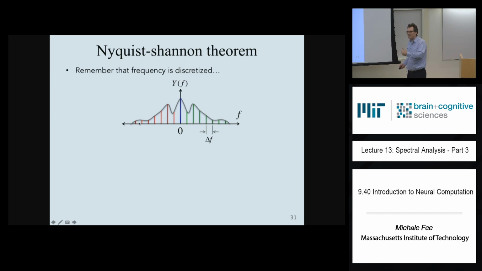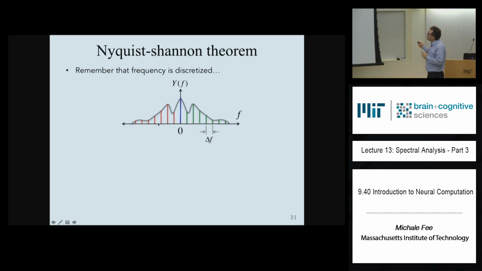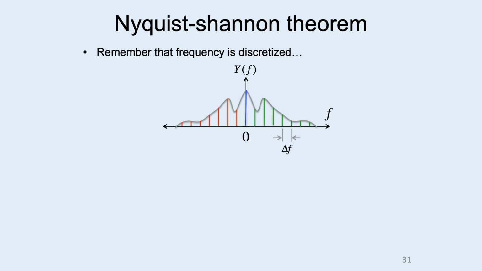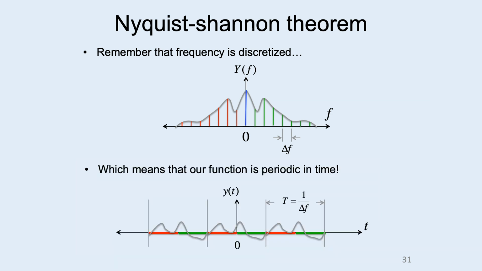What was it about the signal in time that allowed us to do that? It is periodic. We could only do that if the signal is periodic. So when we write down our fast Fourier transform of a signal, it's discretized in time and in frequency. What that means is that it's periodic in time.